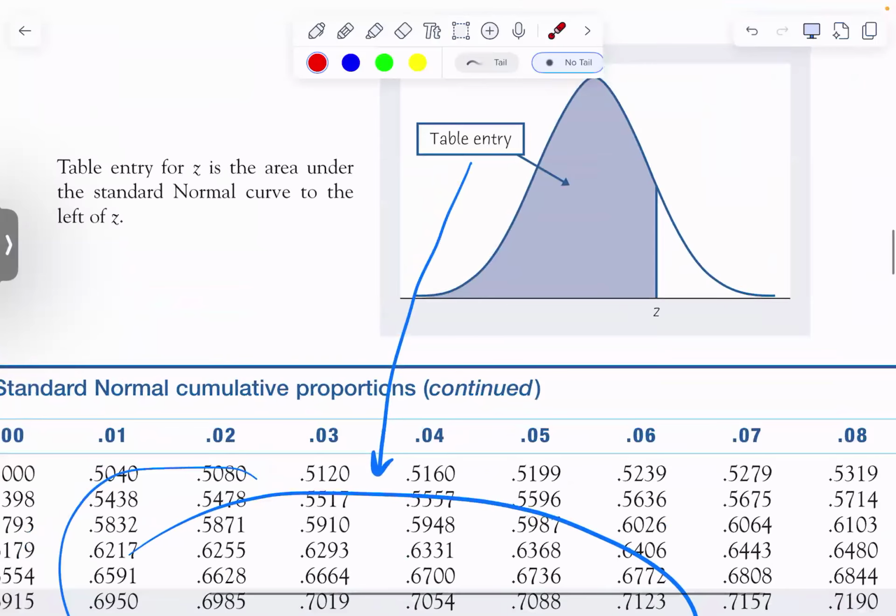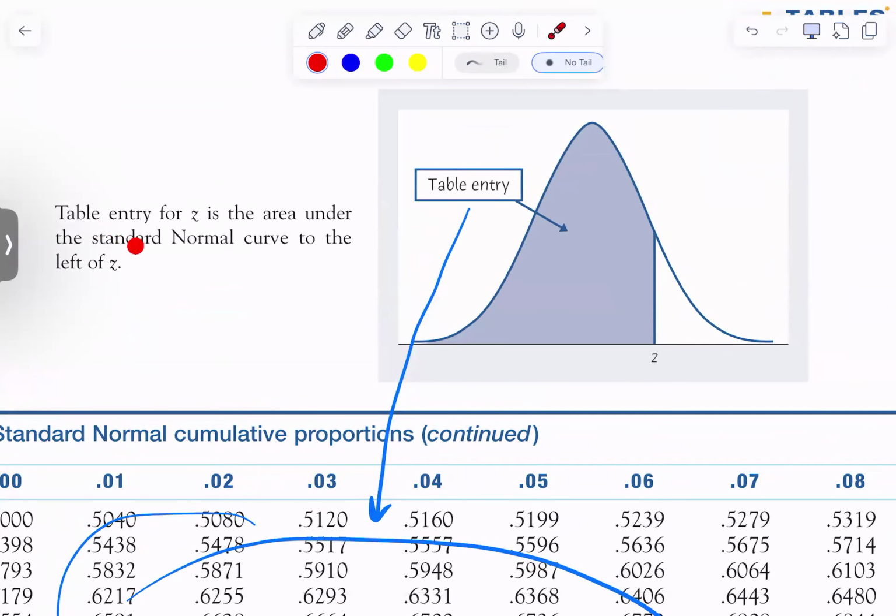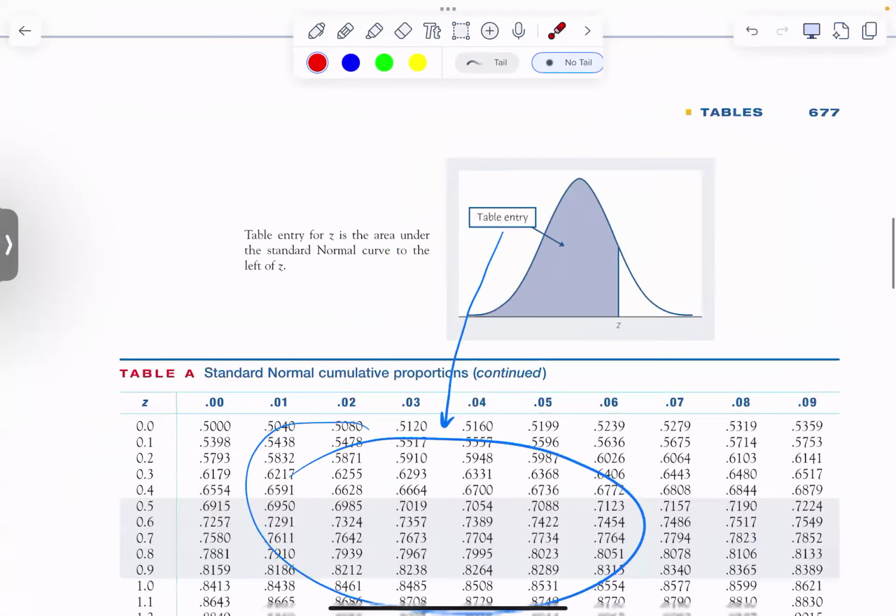So what it says here is the table entry for Z is the area under the standard normal curve to the left of Z. It's always going to give us to the left. That's okay. What if you need the area to the right? You can use the fact that you've got a total area of 1 and subtract it from 1. Subtract the area from the left from 1, and then you're off to the races.